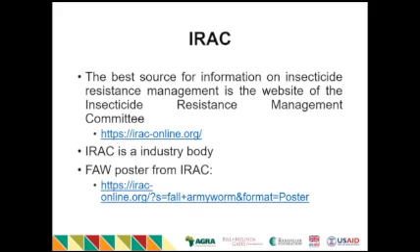IRAC is an industry body. In other words, it's made up of the agrochemical manufacturer companies, and they have a very nice fall armyworm poster about insecticide resistance in fall armyworm. There's a link to that as well there, but I will show that to you in the next slide.